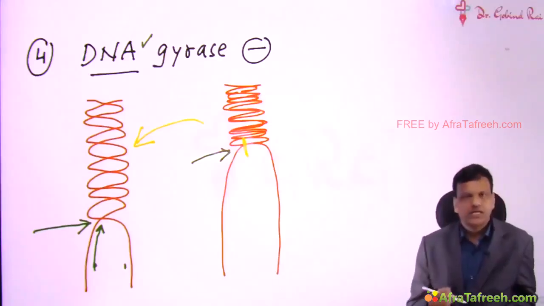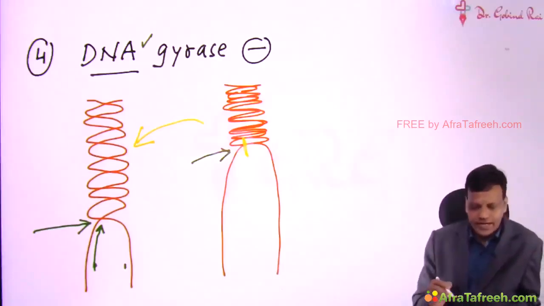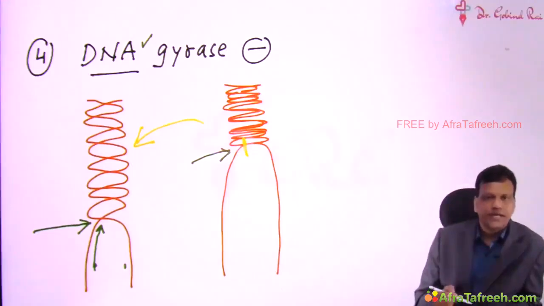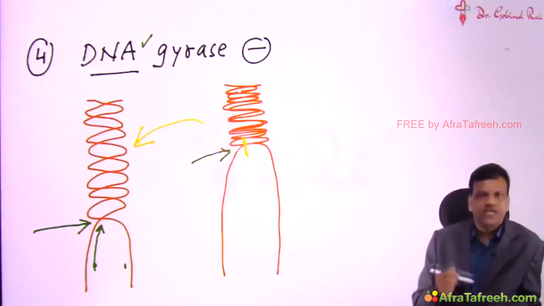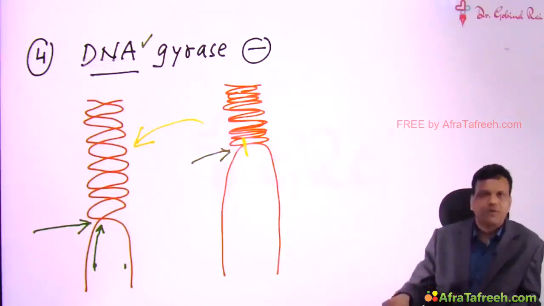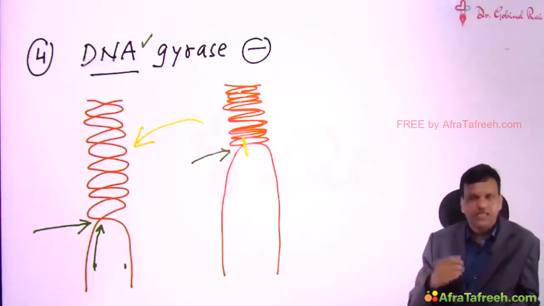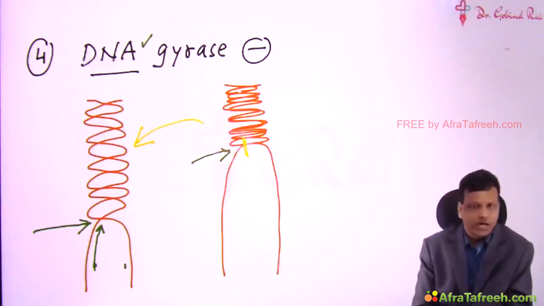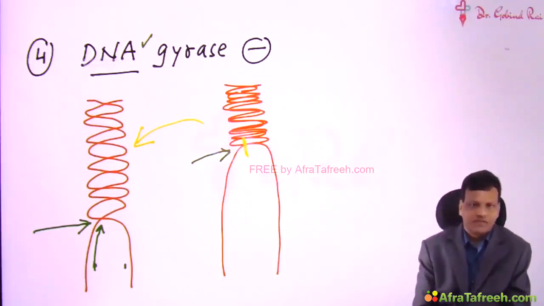Technically, it will introduce negative supercoils in the DNA. In our language, we can say it will uncoil the DNA so that replication can occur. So DNA gyrase helps in replication. If we inhibit this enzyme, replication will not occur, so bacteria will not survive.